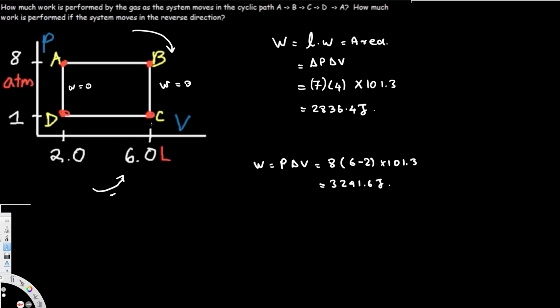So let's go to CD and see what we get. W is equal to P delta V, and for CD we have a pressure of 1 atm.